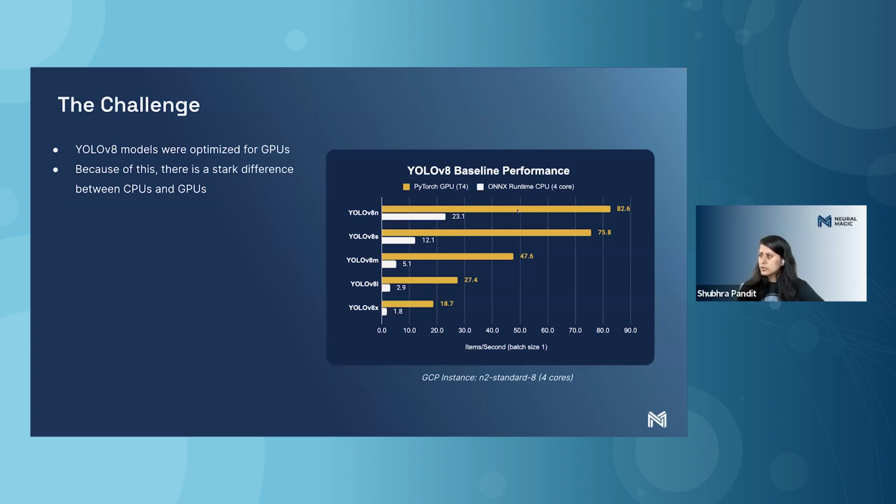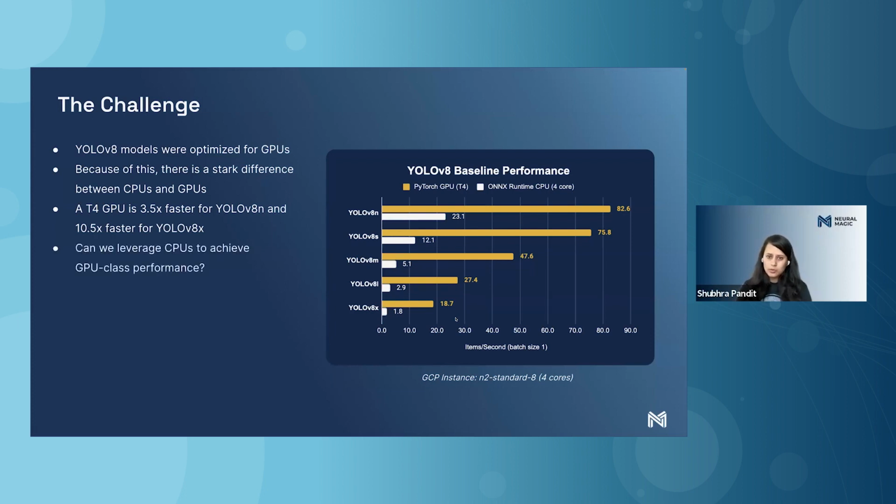On the GPUs, all these different YOLOv8 flavors perform much better than their corresponding ONNX Runtime running on a CPU, a 4-core CPU to be precise. Specifically, the GPUs are around 3.5x faster for YOLOv8N, the smallest model. And as the model size grows, as we go up to YOLOv8X, this difference only grows, and the GPUs are about 10 times faster for these bigger models.